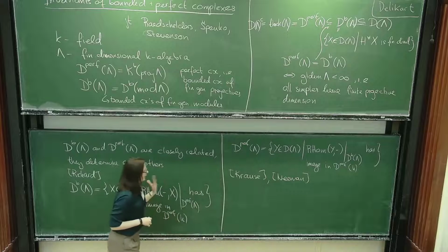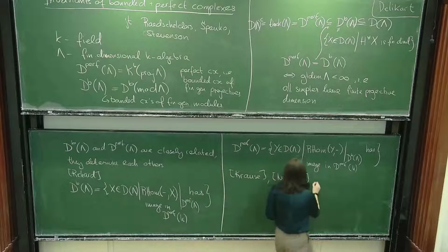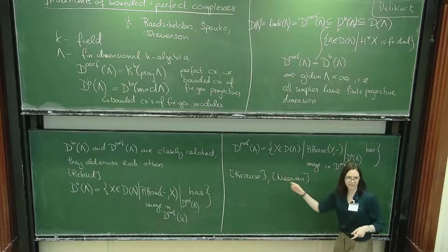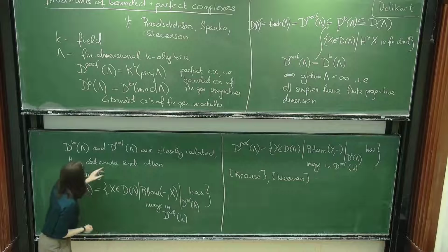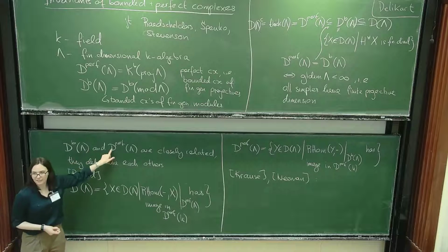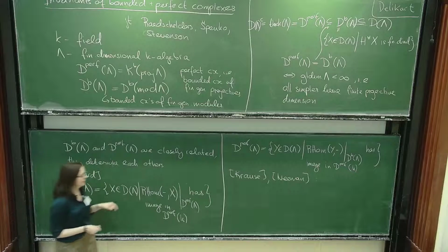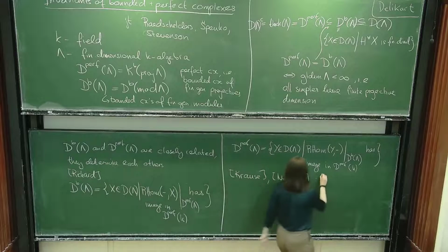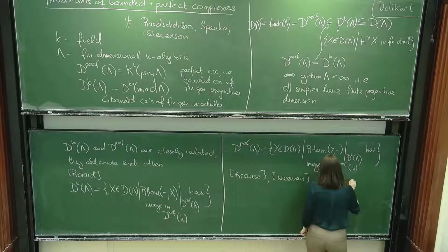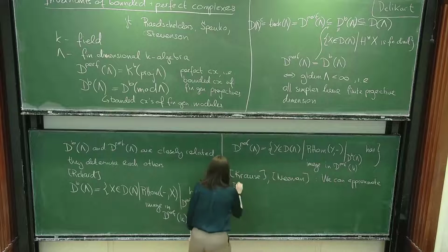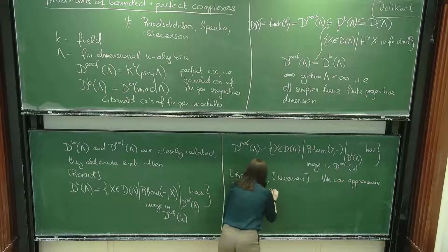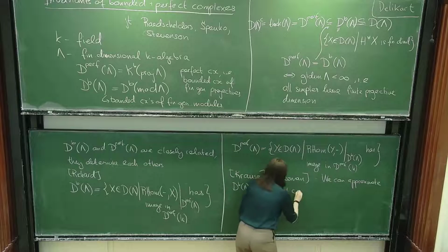But we can actually, using completion, and that falls out as a special case in both of these works, view dB lambda as an approximation of stuff in the perfect complexes. So we can approximate dB lambda by a perfect complex.